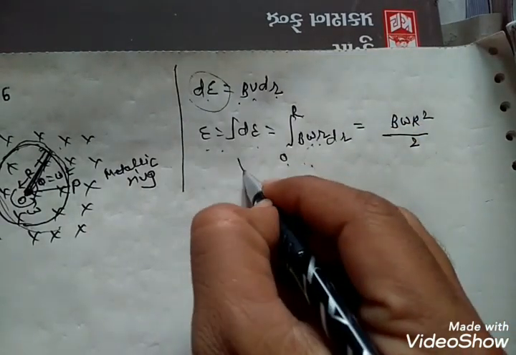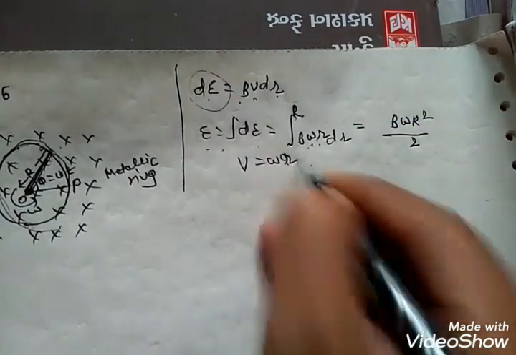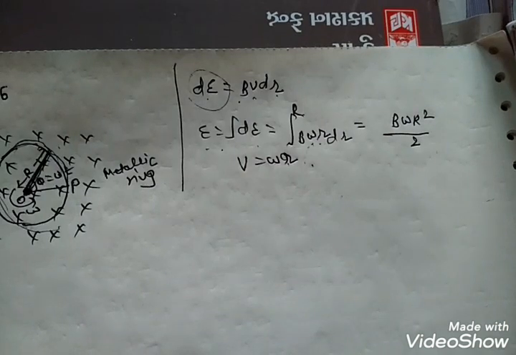Here we know that v is equal to omega r.